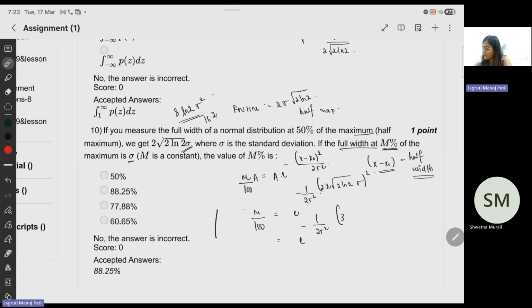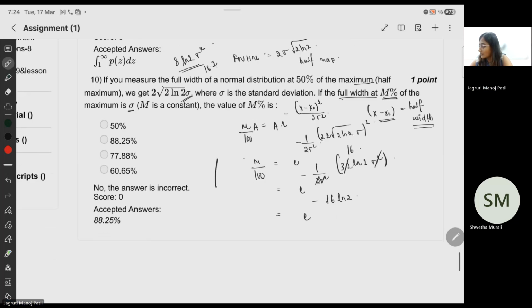So you have 32 ln 2 sigma square. Then you have 16 here, and then you have minus 1 by sigma square. So our sigma is also cancelled now. Minus, you have 16 ln 2, right?